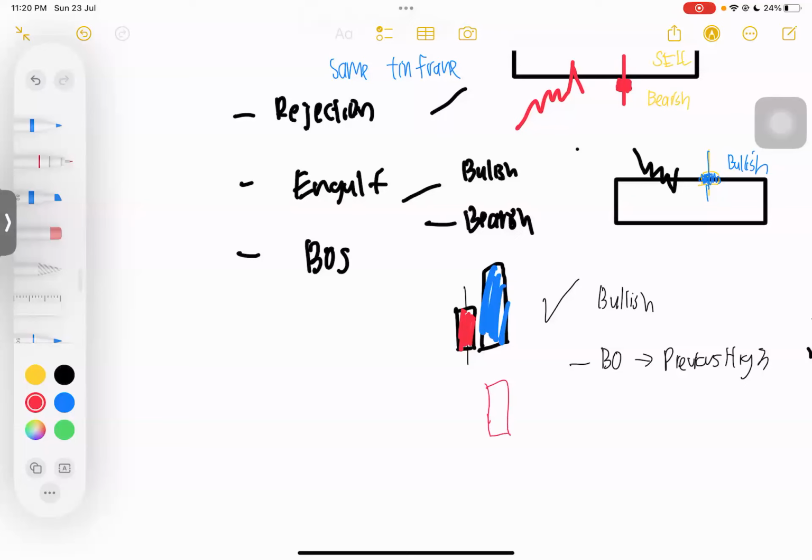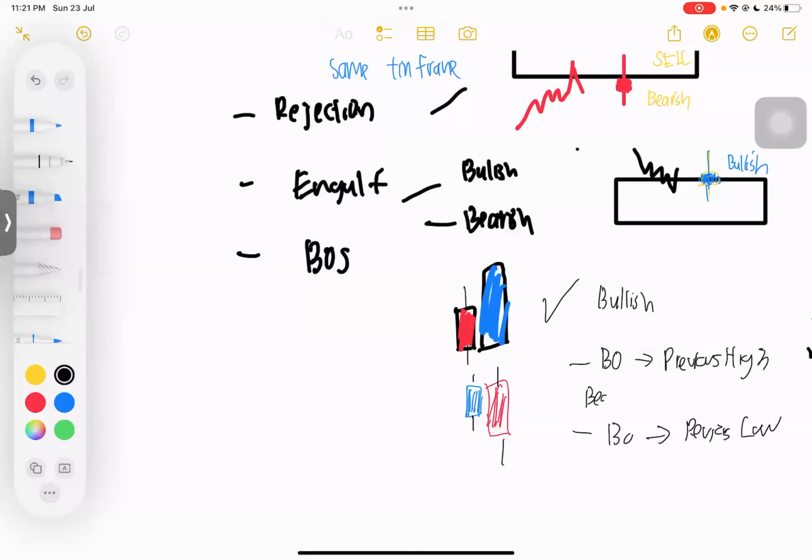For example, this one is for bearish. So the body right here has to break out the previous low. This is for bearish engulfings.